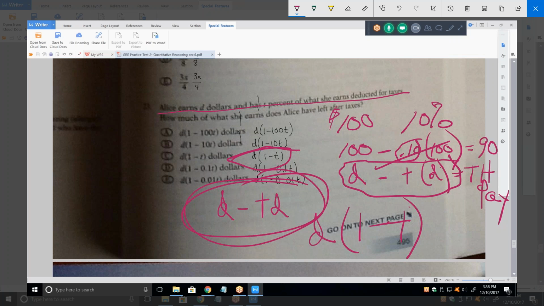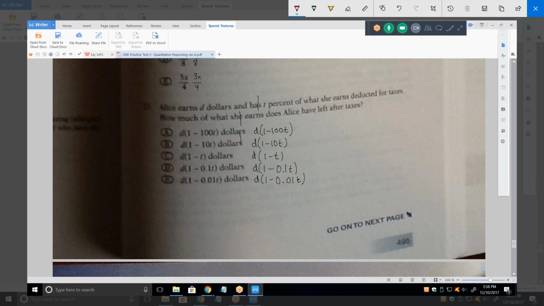Now notice that I did pick some numbers here. And this is one of those problems where, remember what I said, if you see a problem that has variables in the problem, and variables in the answers, each answer has a D and a T in it.